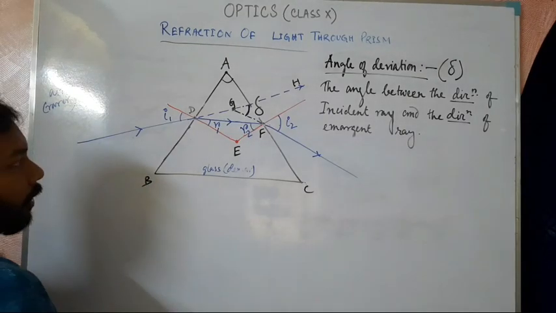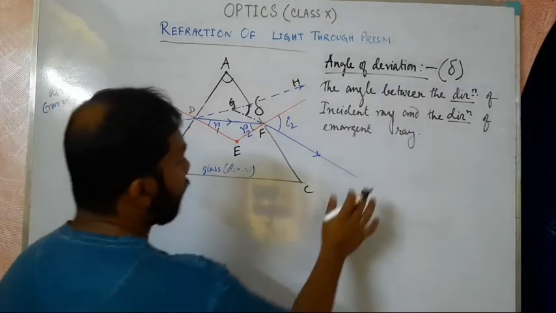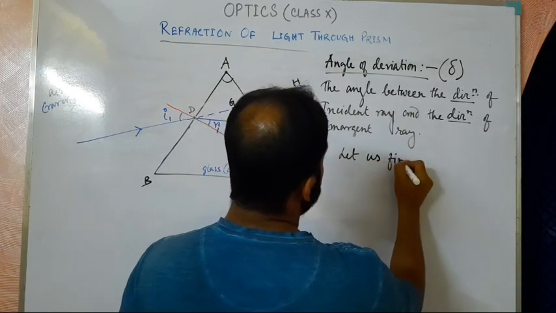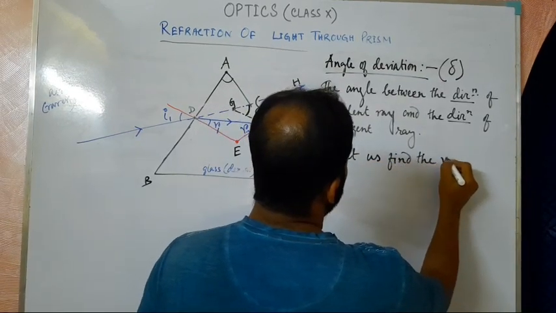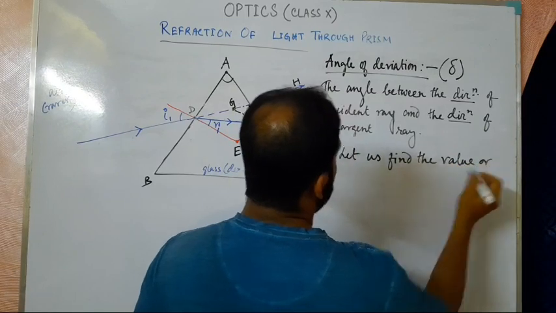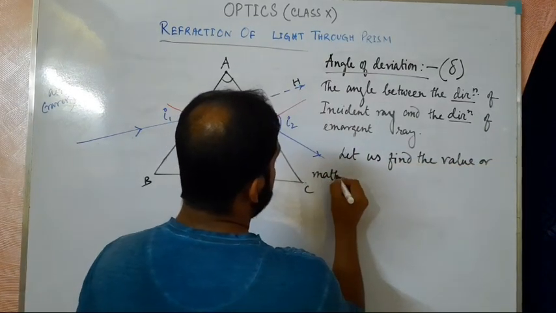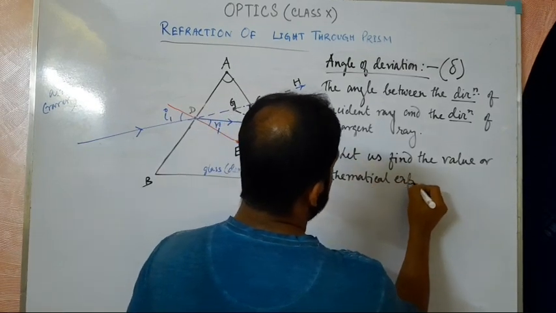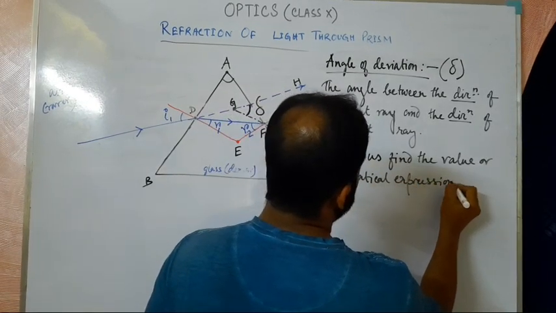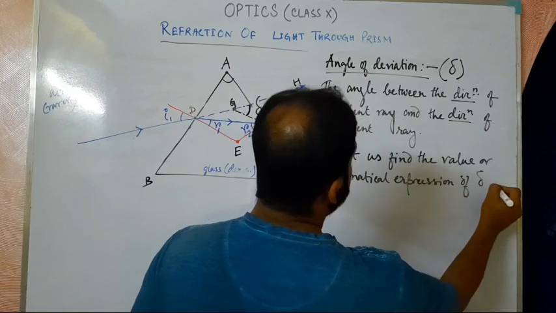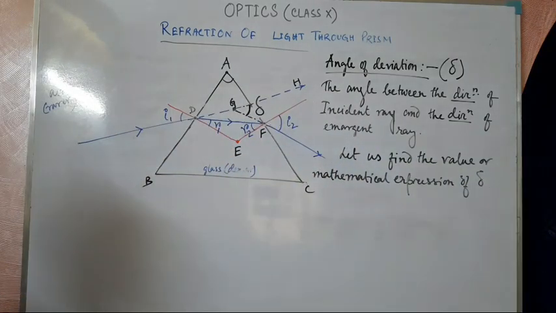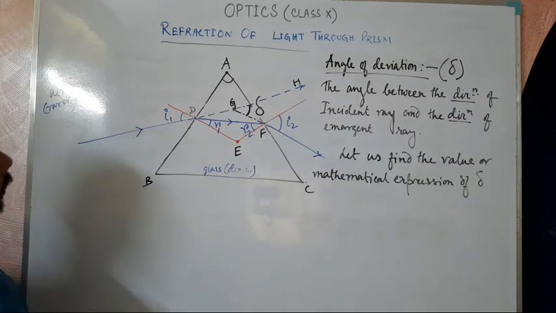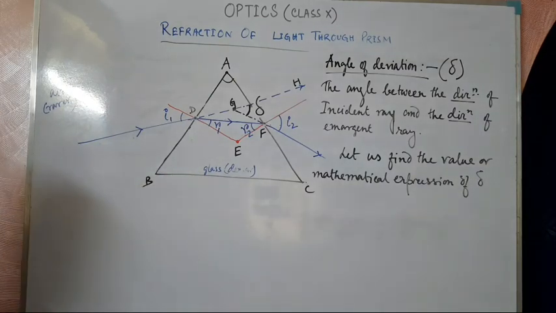So what do we have to find? We have to find delta. Let us find the mathematical expression of delta. Look at this figure.